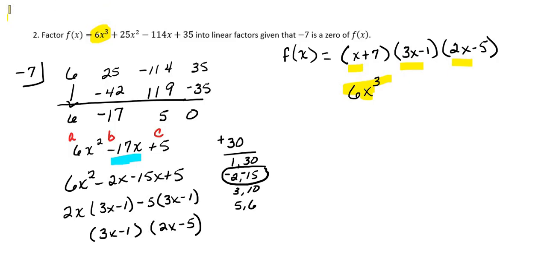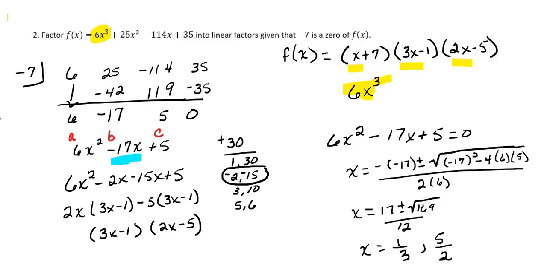Now remember I said that there were a couple of different ways that I could have finished out this problem, and factoring was just one of them. What I could have done once I got to this step right here, 6x squared minus 17x plus 5, is set that equal to 0 and use the quadratic formula. So I end up getting 1/3 and 5/2 for my zeros.